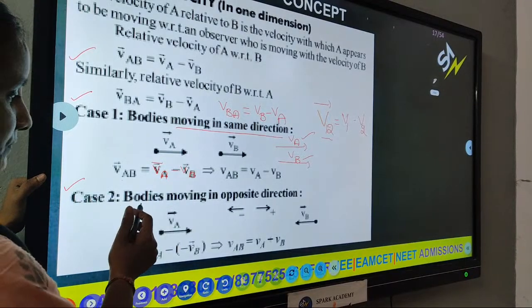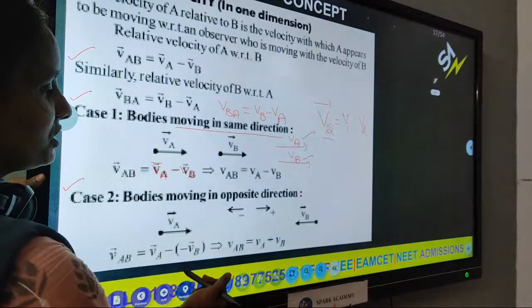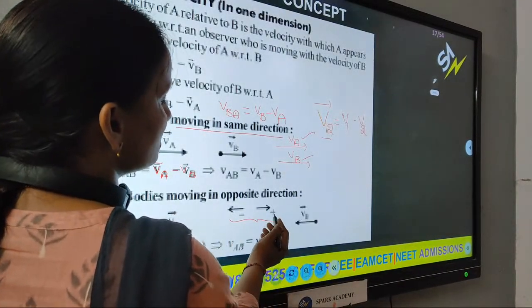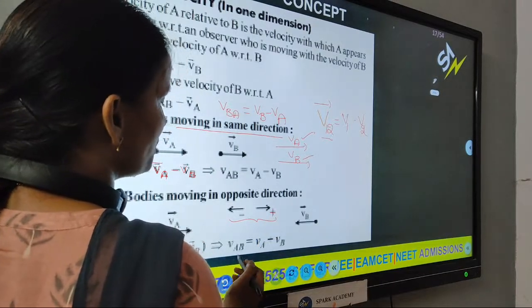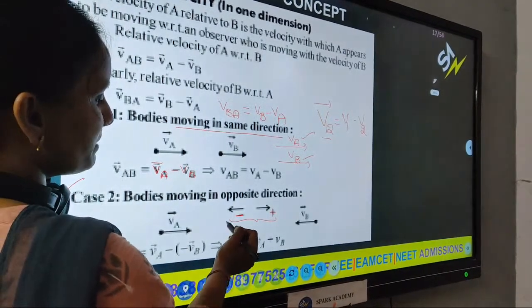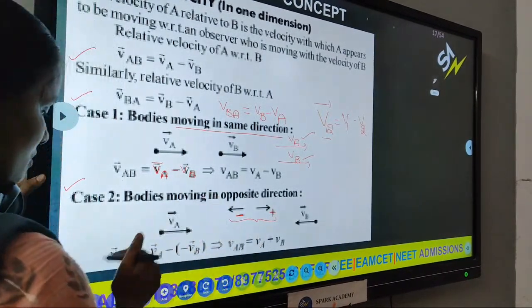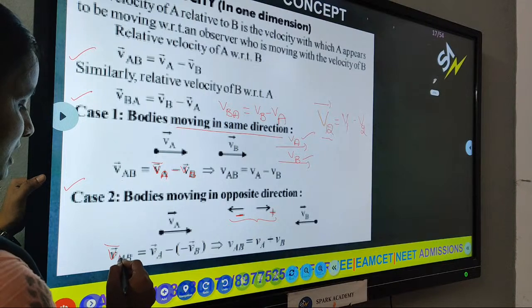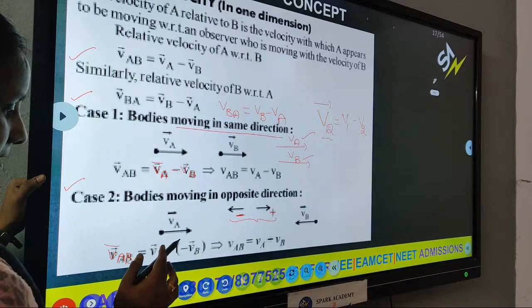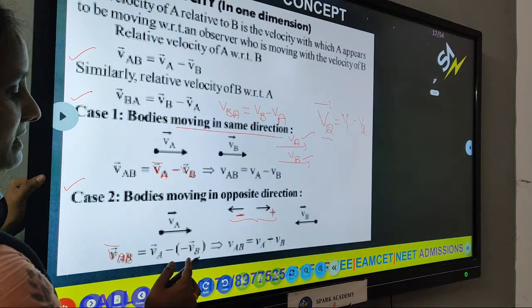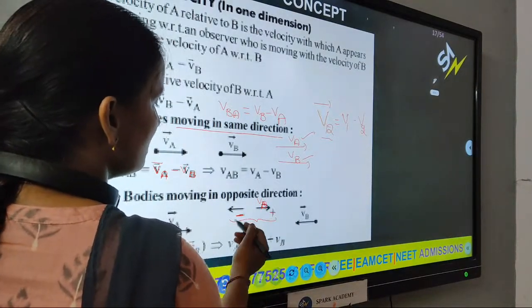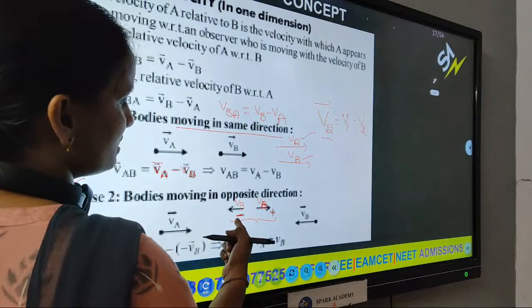In case 2, if the objects are moving in opposite directions, we need to follow the sign convention. In positive x direction, the value need to take as positive. Opposite direction, which is in negative x direction, that speed we need to take negative. So let us consider here velocity of object A with respect to B, velocity of A minus of minus VB, because VA is in positive x direction, VB is in negative x direction.